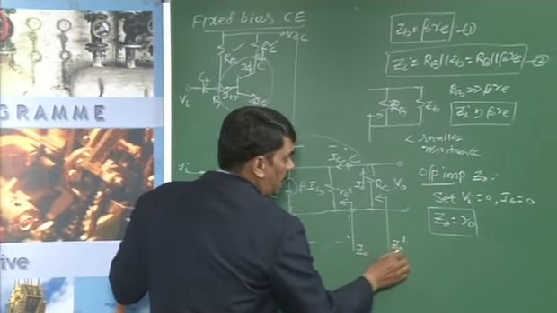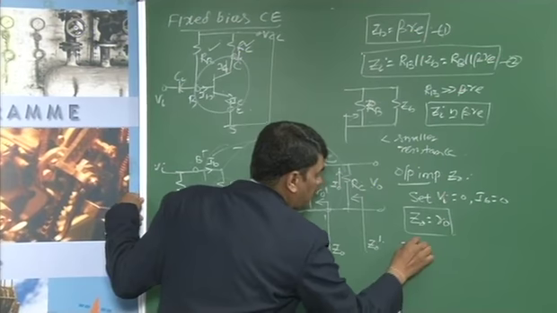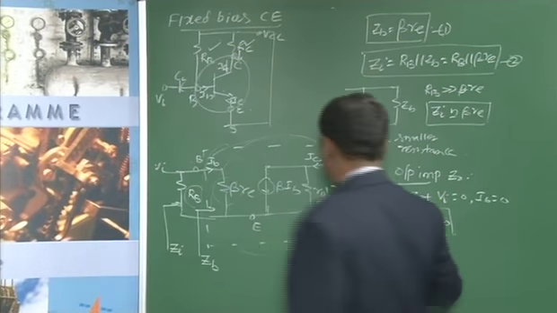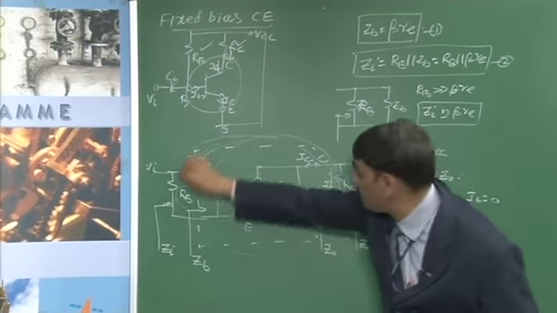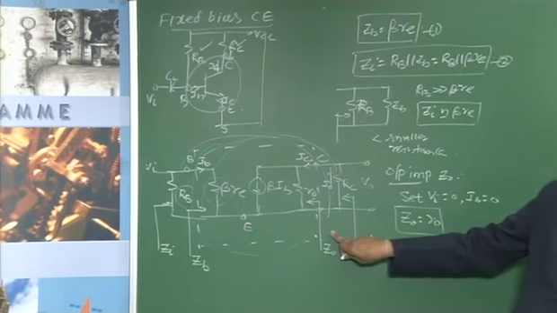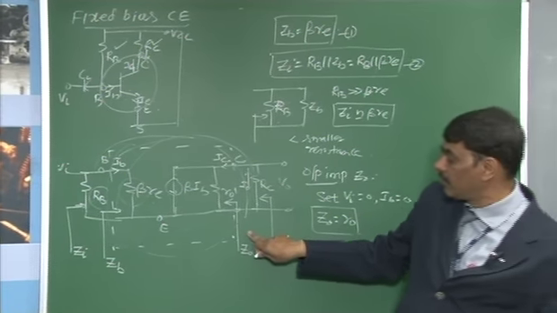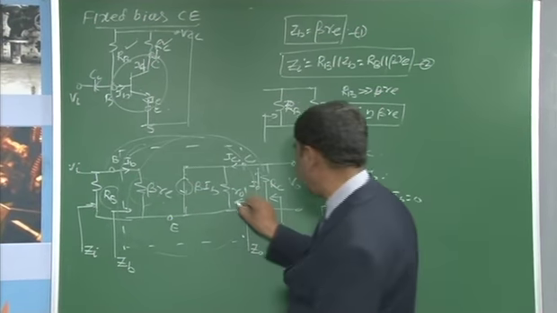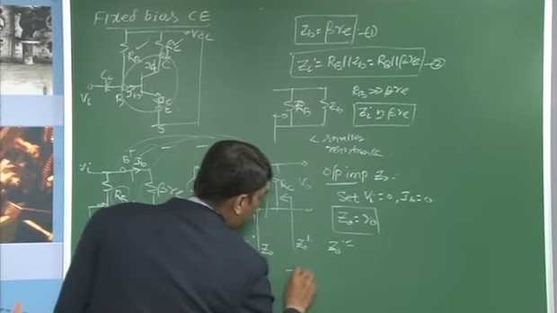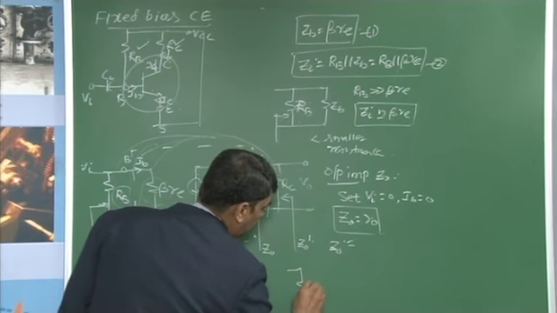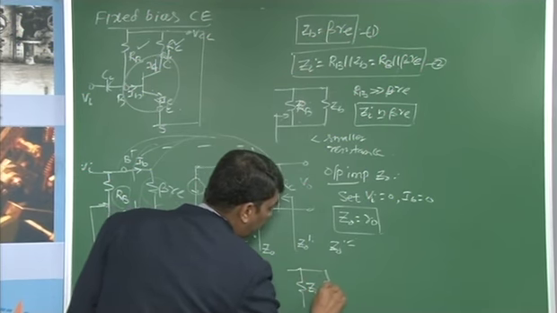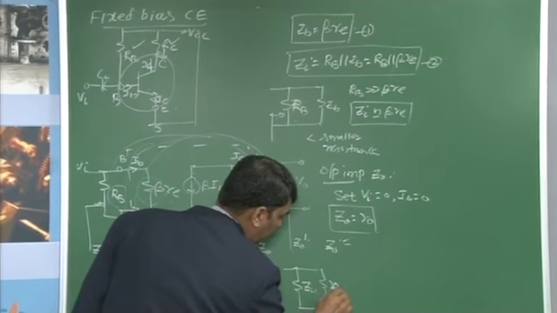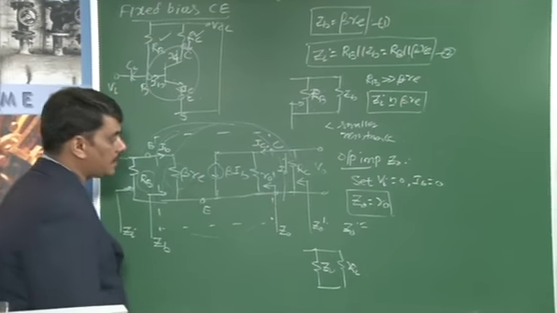For the other output impedance Z0 dash, looking from this side, the entire circuit is replaced with its equivalent resistance value, that is Z0.